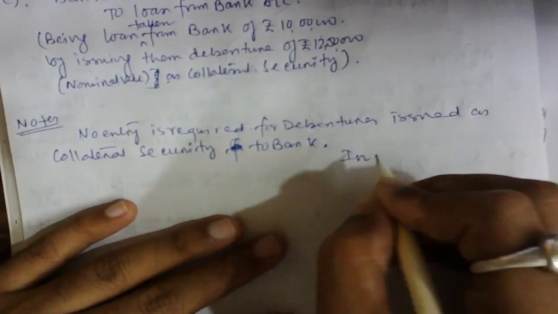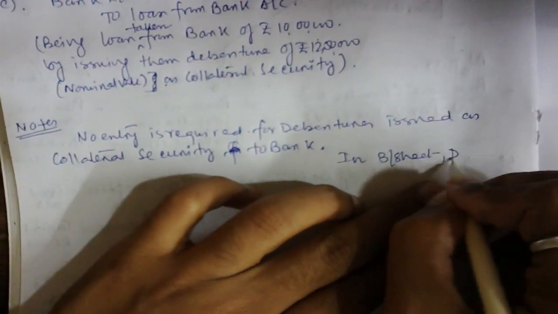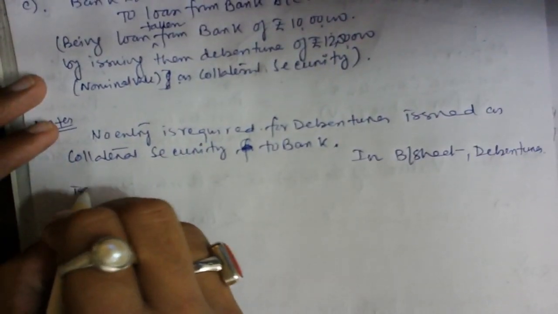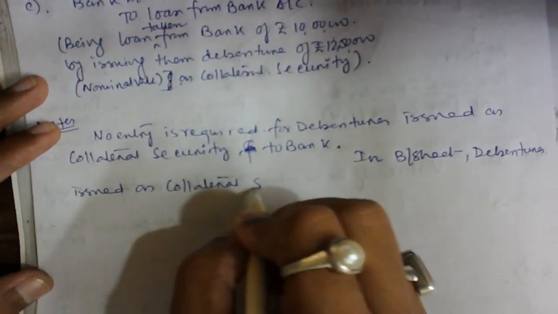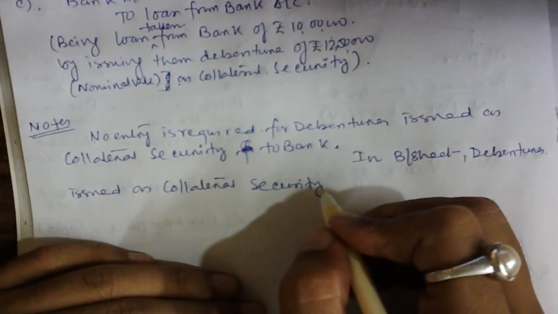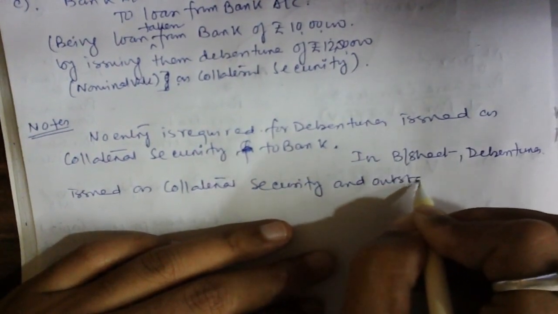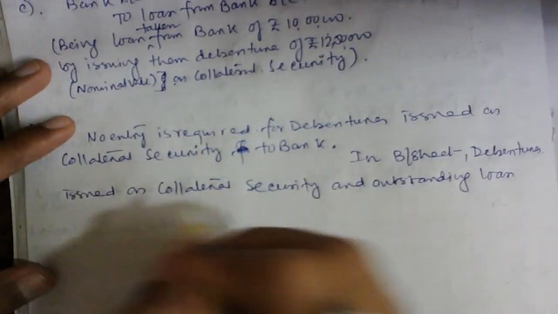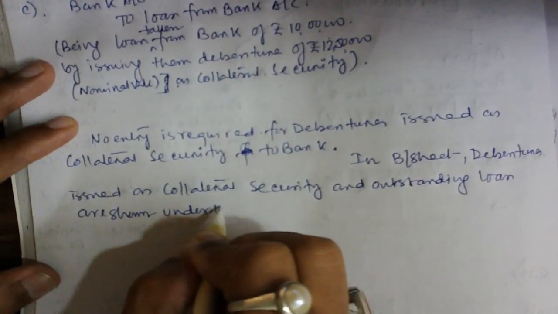and in balance sheet, debentures issued as collateral security and outstanding loan are shown under the head long-term borrowings.